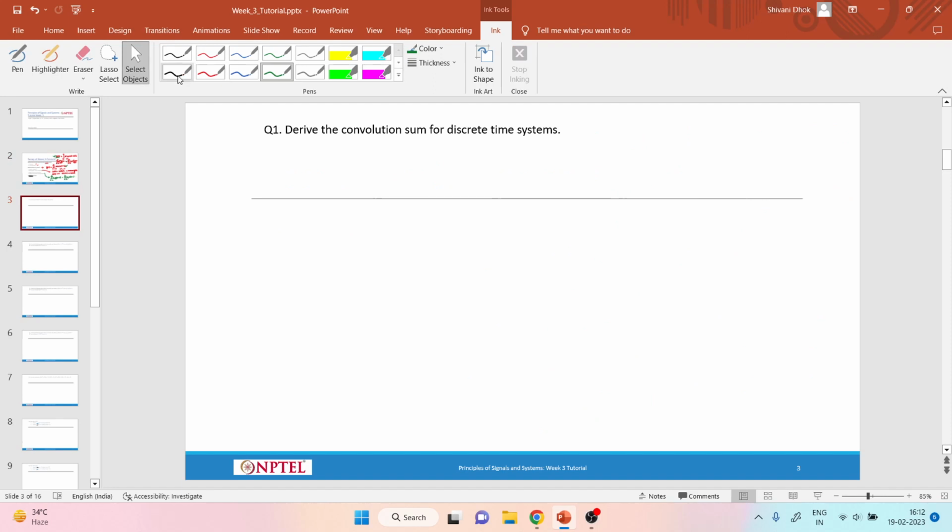So basically what we are having here is a discrete time system, let's say it is given by T. Its input is x of n and its output is y of n. And we need to find what this y of n is.